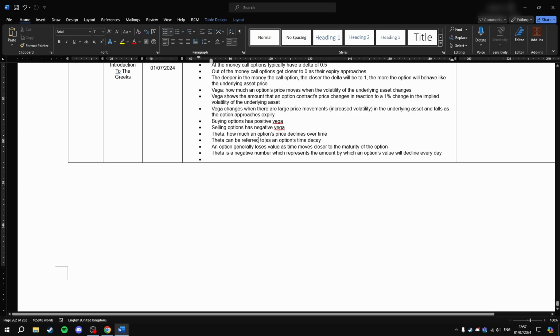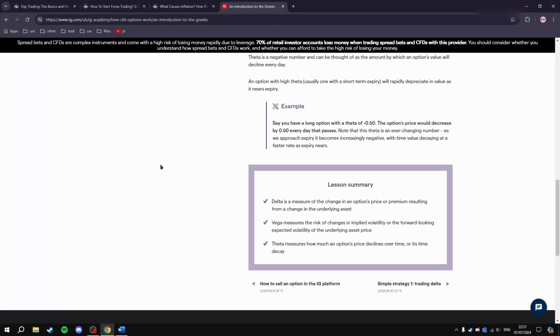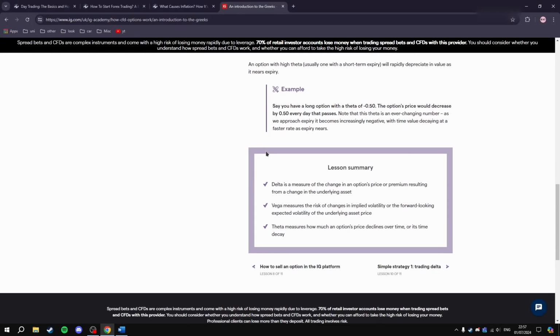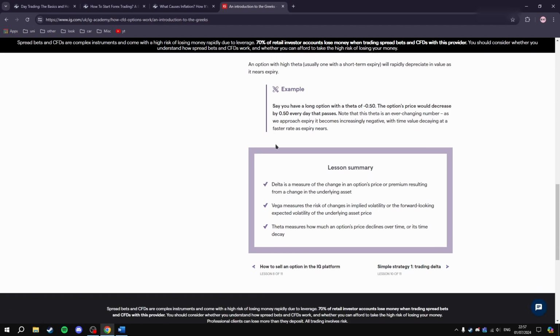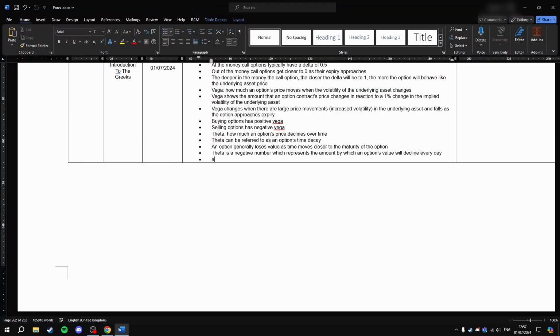It's just a ratio as well. It can be referred to as an option's decay. So how do we calculate this? An option with high theta, usually one with short-term expiry, will rapidly depreciate in value as it nears expiry.